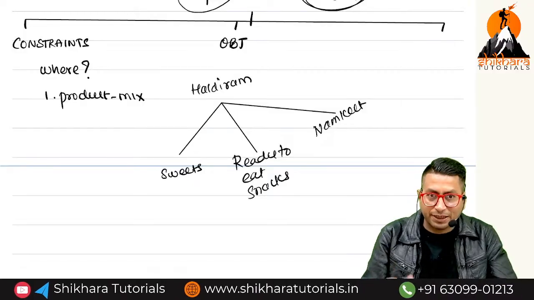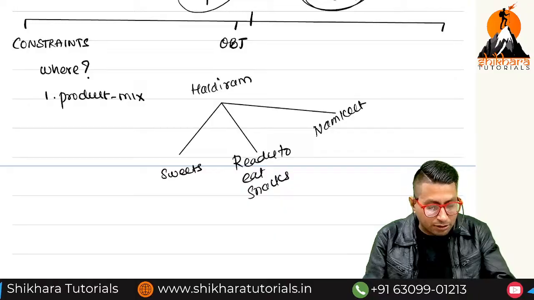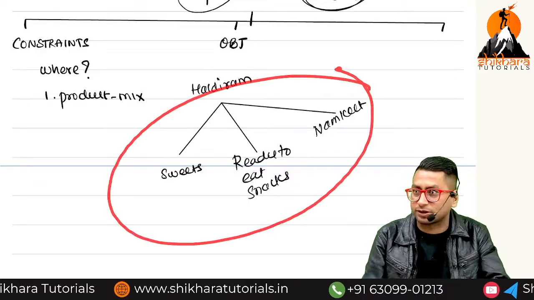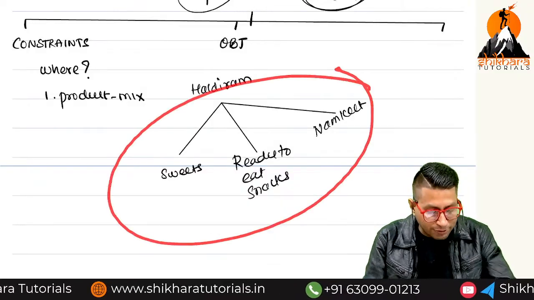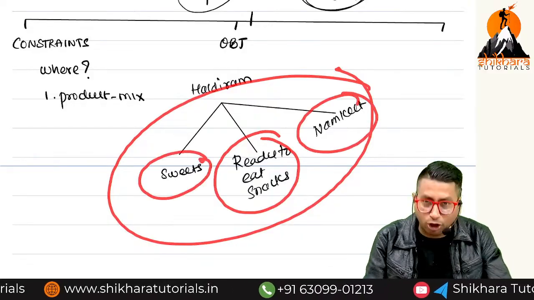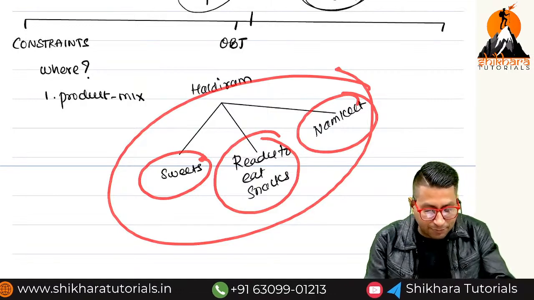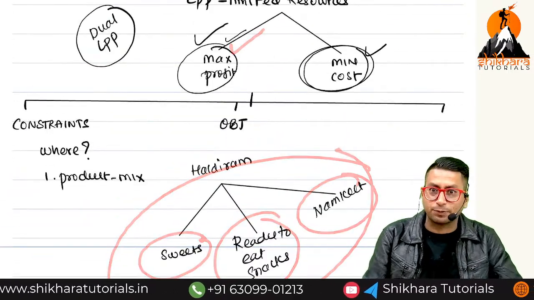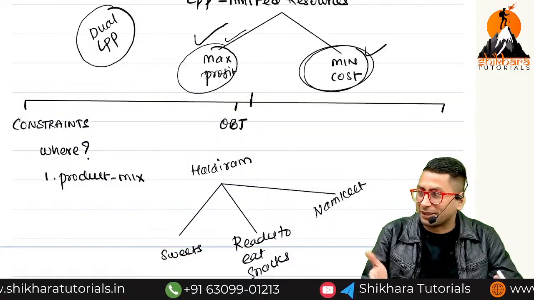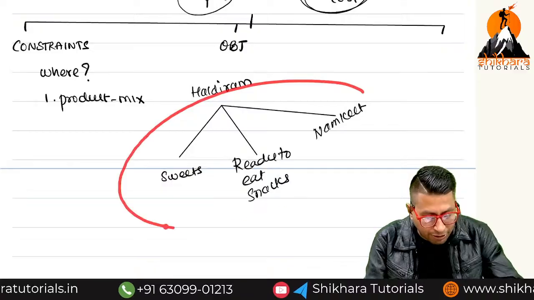So that is why, using the concept of linear programming, we will find out which combination of these products, how much quantity of ready to eat snacks, how much quantity of namkeen, and how much quantity of sweets if I produce in Haldiram's in the next 1 month, I will be able to maximize my profit. Human beings cannot analyze so much data, right? So that is why we use linear programming.